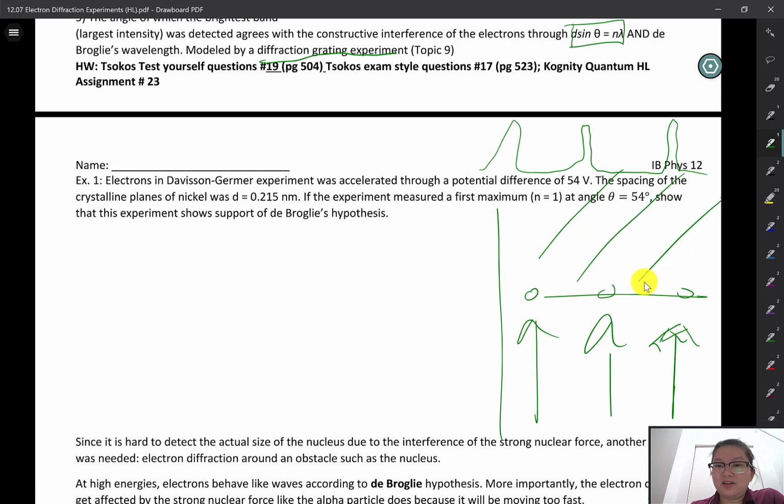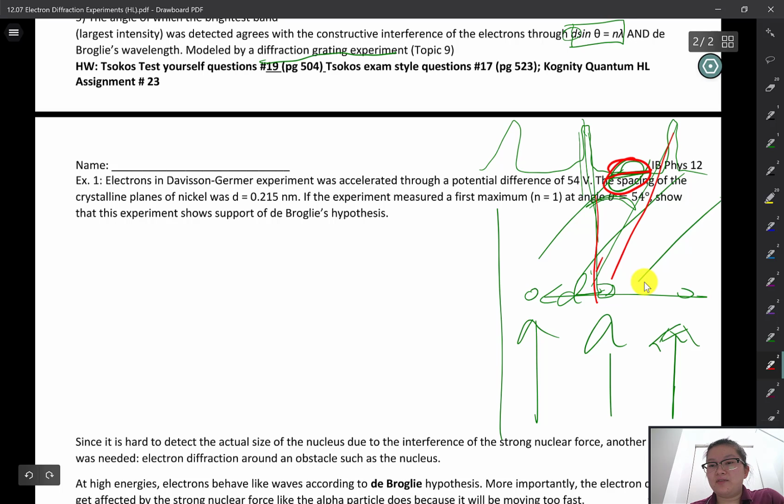Similarly, you might have a central maximum, and then the first maximum, etc., in which the d here is the spacing. The angle here is just the angle between the center and whichever maximum you want. And then the n value here is the number of wavelengths, or which order we're talking about. So that's talking about the path difference.